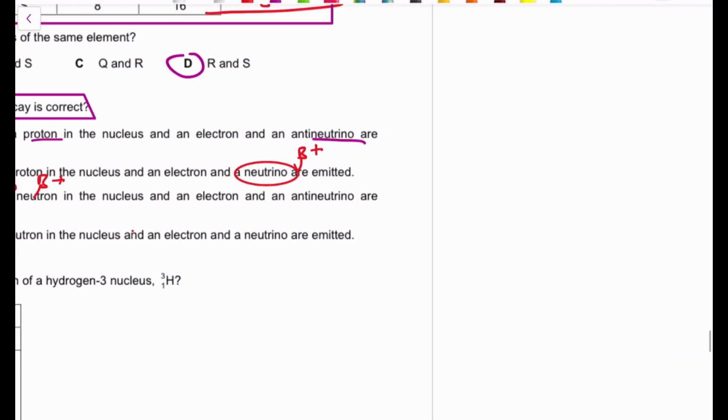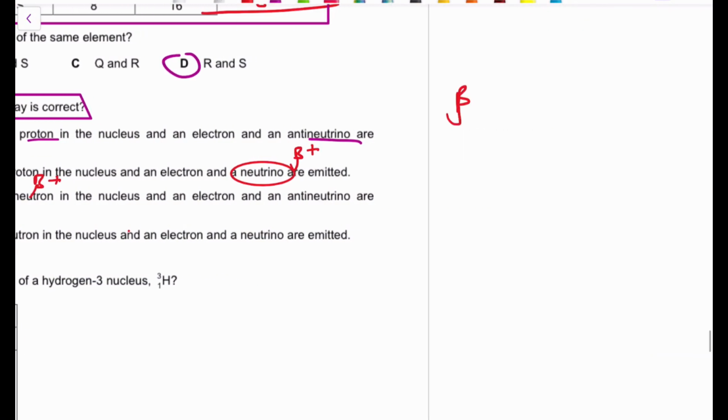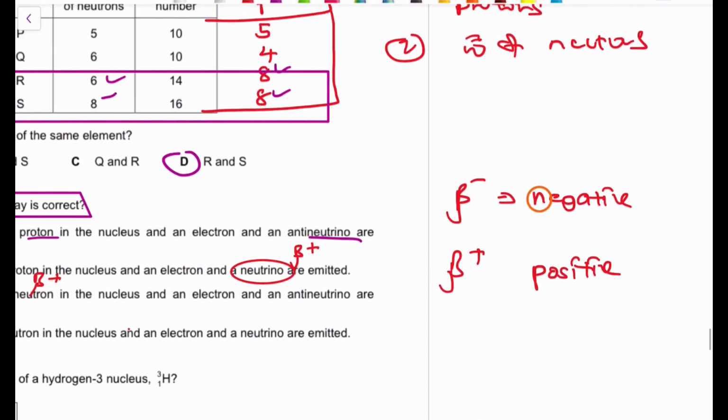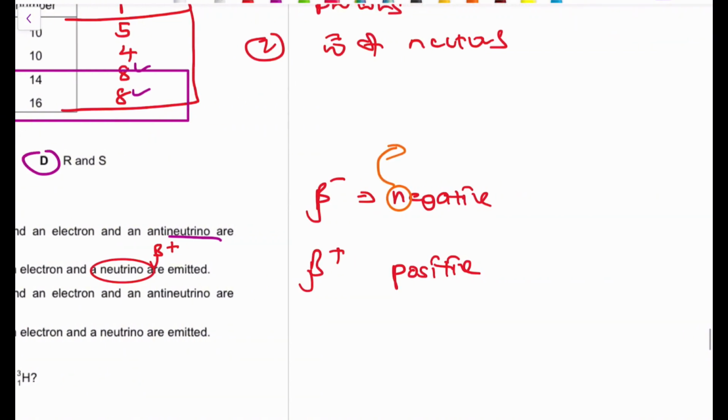The easiest way that I know this is beta negative and beta positive. A way that I figured this out is that, since this has an N, that N basically states that a neutron turns into a proton.